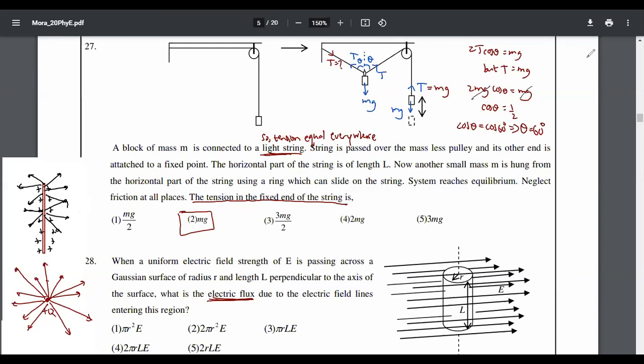Now here, if you take this one, you look at the electric field lines. Electric field lines are going straight. Therefore, you have to choose the area which is perpendicular to those lines, which is this area. The area I'm drawing. Do you understand? This is the area, because the electric field lines are perpendicular to that area. Not perpendicular to the curved surface.